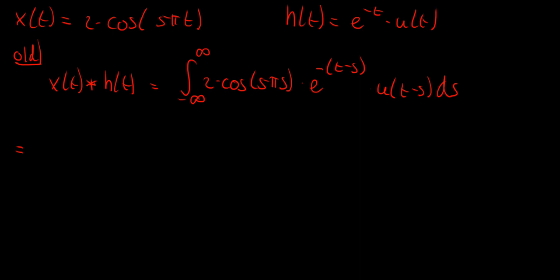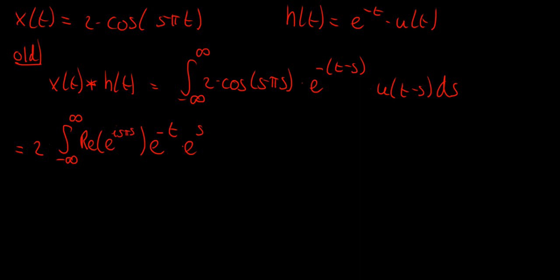This is equal to, we can take the 2 out, so we get 2 multiplied with, and if we recall the Euler formula, the cosine is actually the real part of the whole number. So we're looking at the real part of e to the power i 5 pi s. And then we have e to the power minus (t minus s), which we can rewrite as e to the power minus t multiplied with e to the power s.